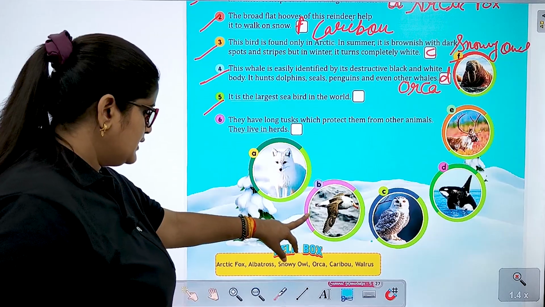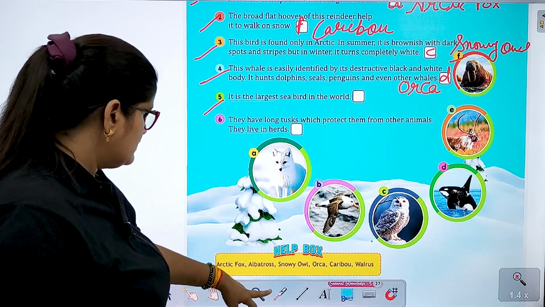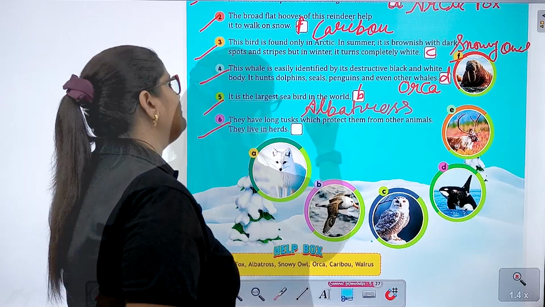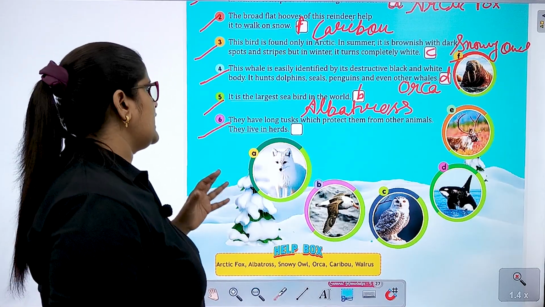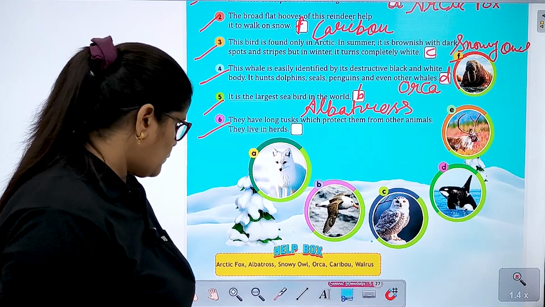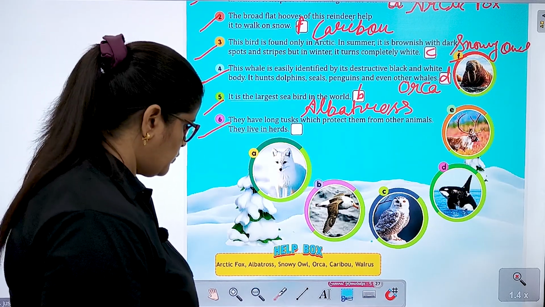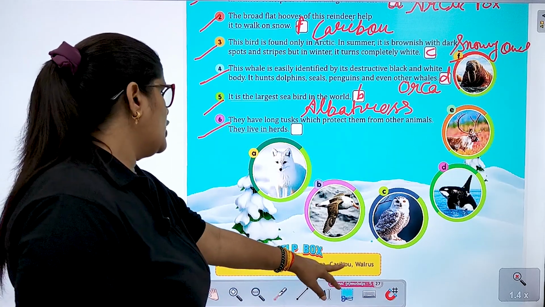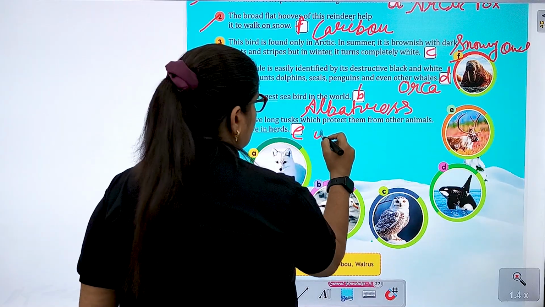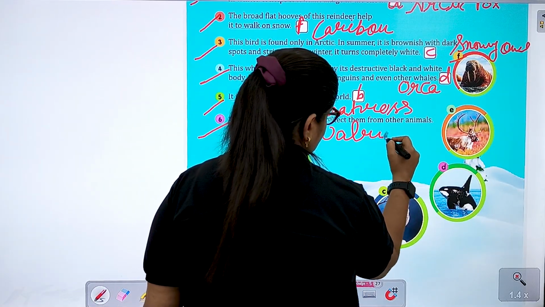Option B, this is albatross. They have long tusks which protect them from other animals. They live in herds. Walrus. This one, option E, this is walrus.